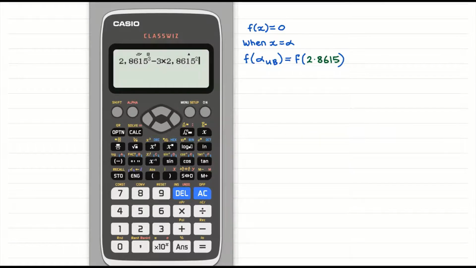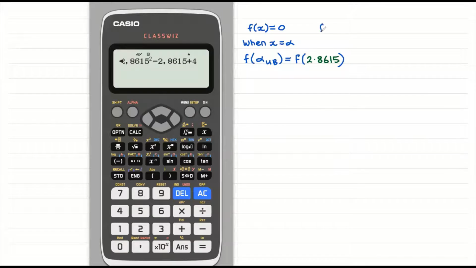And then we have to subtract x, so this is the original f of x. Subtract x, that's 2.8615, and then add 4.